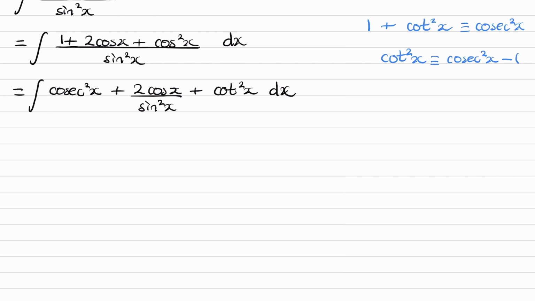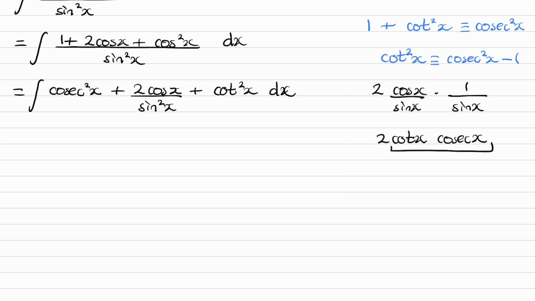So I'll write it as 2 lots of cos x over sine x times 1 over sine x, which is the same thing as 2 cot x cosec x. And that integrates to make minus 2 cosec x. So cot cosec integrates to make minus cosec. The whole thing will integrate to make minus 2 cosec x.